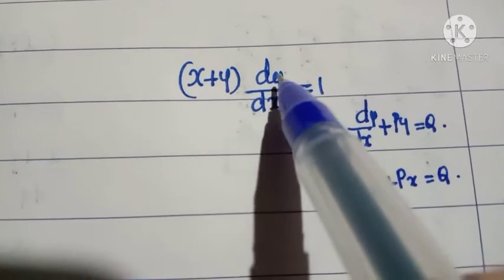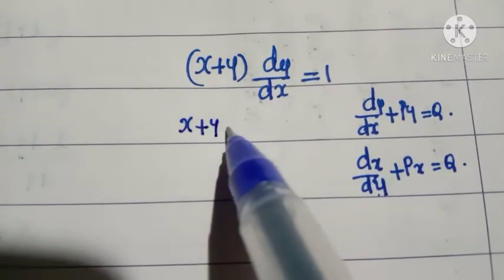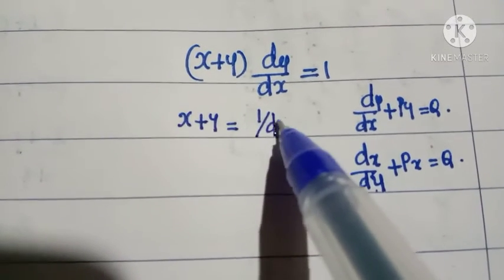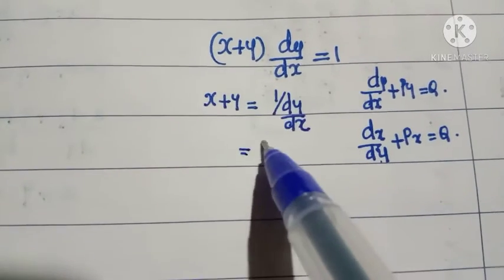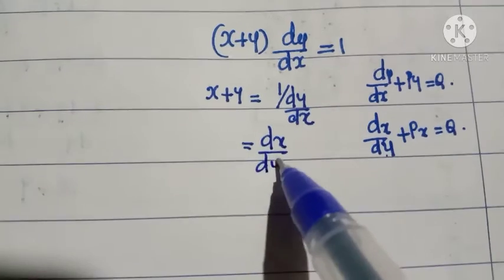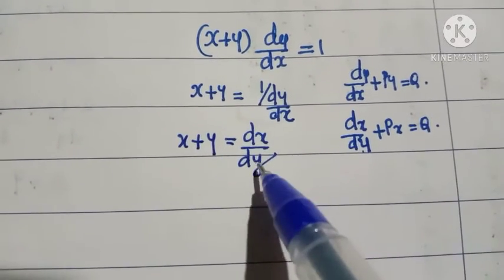For this, take this dy by dx to the other side. So this becomes x plus y is equal to 1 by dy by dx. 1 by dy by dx is the same as dx by dy. So x plus y is equal to dx by dy.